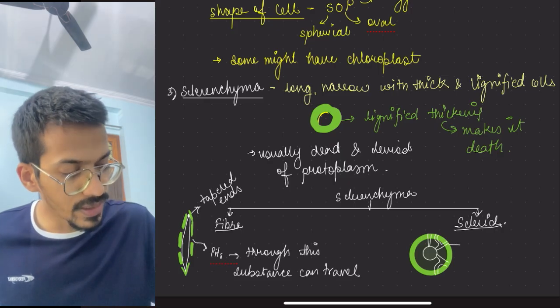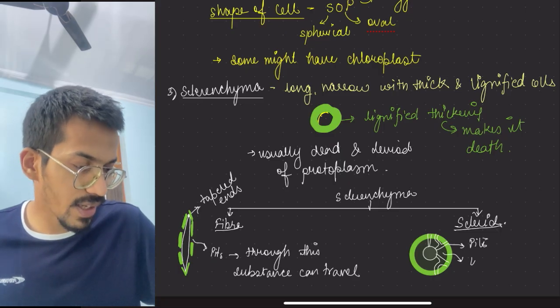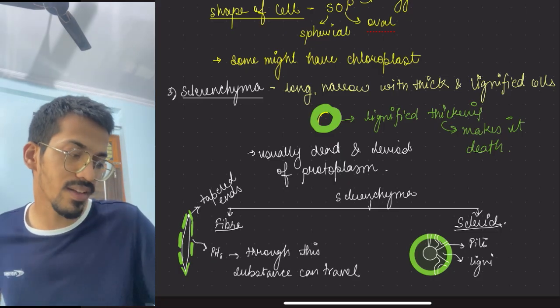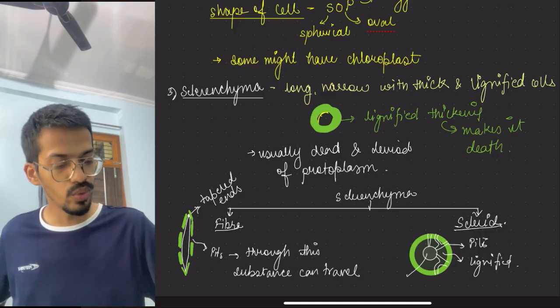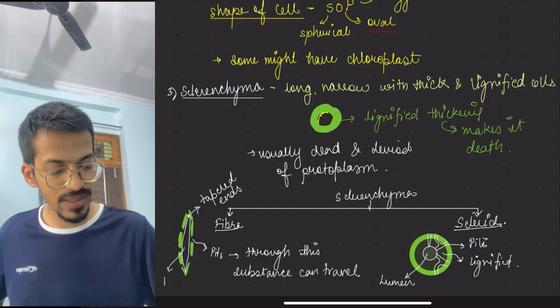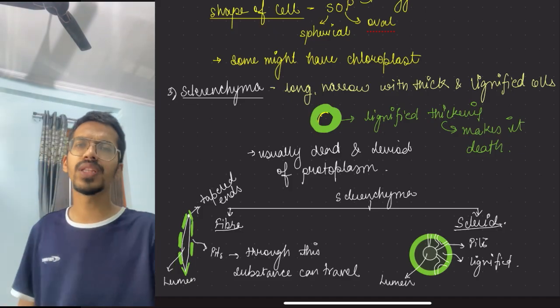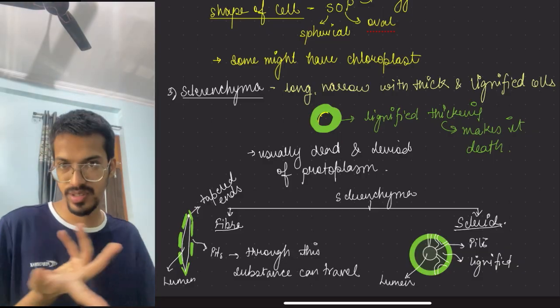These are the pits. This is the thickening. This whole area is the lignified thickening. And this area is the lumen. This is also the lumen. So you can see how small the lumen gets over a period of time. This is what it looks like.